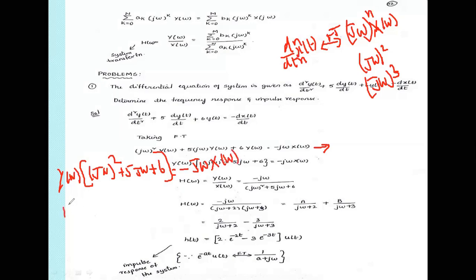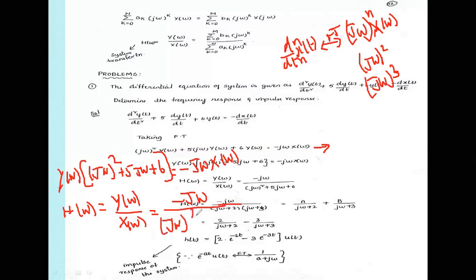To get the frequency response, H of omega is equal to the ratio of the output by the input X of omega. What is the X of omega coefficient? Minus j omega. What is the coefficient of Y of omega? j omega whole square plus 5j omega plus 6.